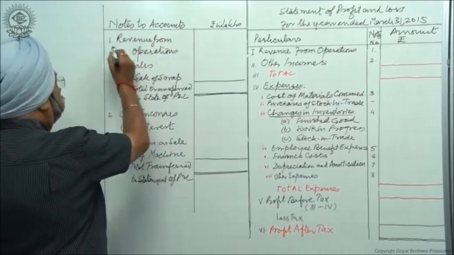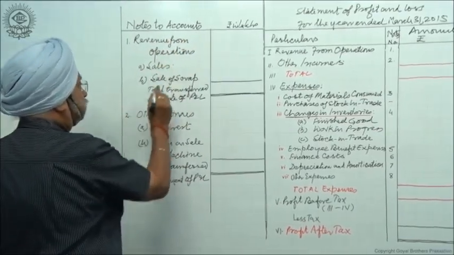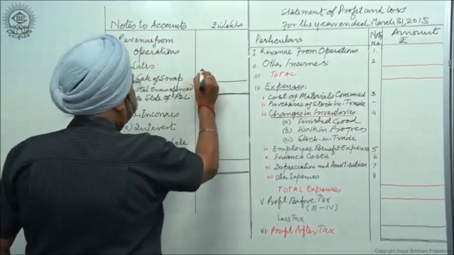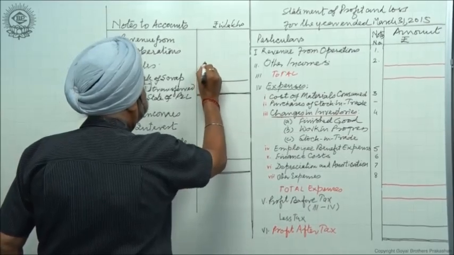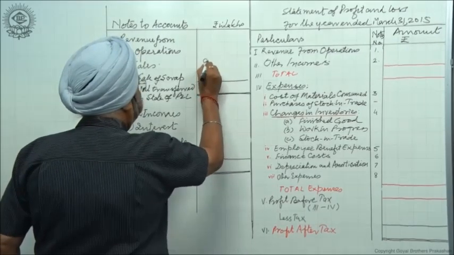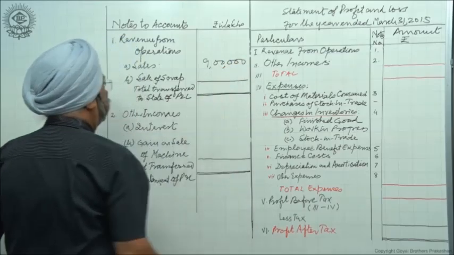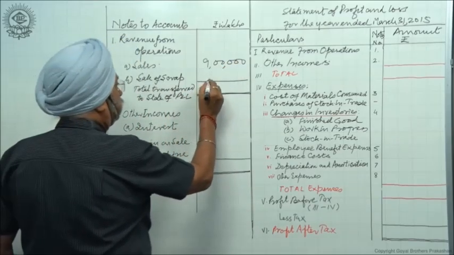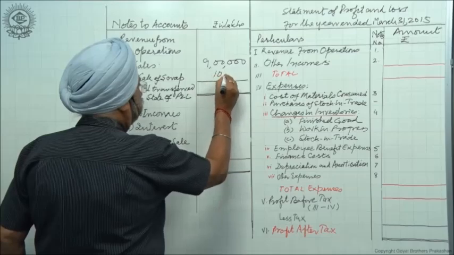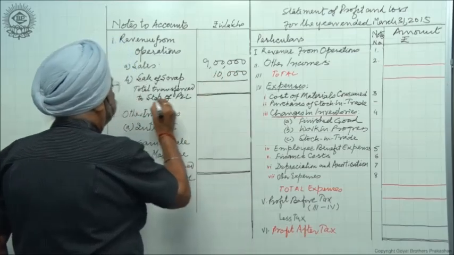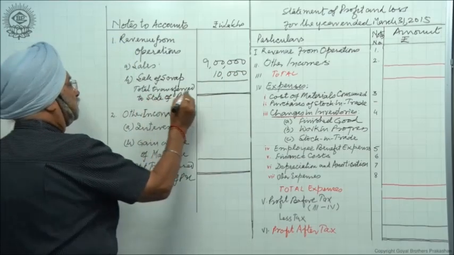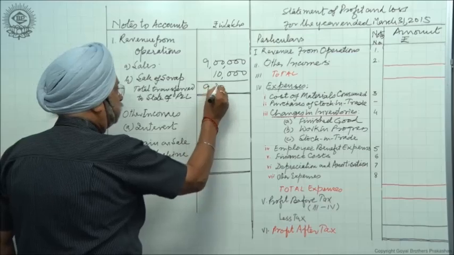Notes to accounts number 1 is revenue from operations, sales. Let me say the sales are 9 lakhs. Sales are how much? 9 lakhs. Sale of scrap is 10,000. So my total is 9 lakh 10,000.